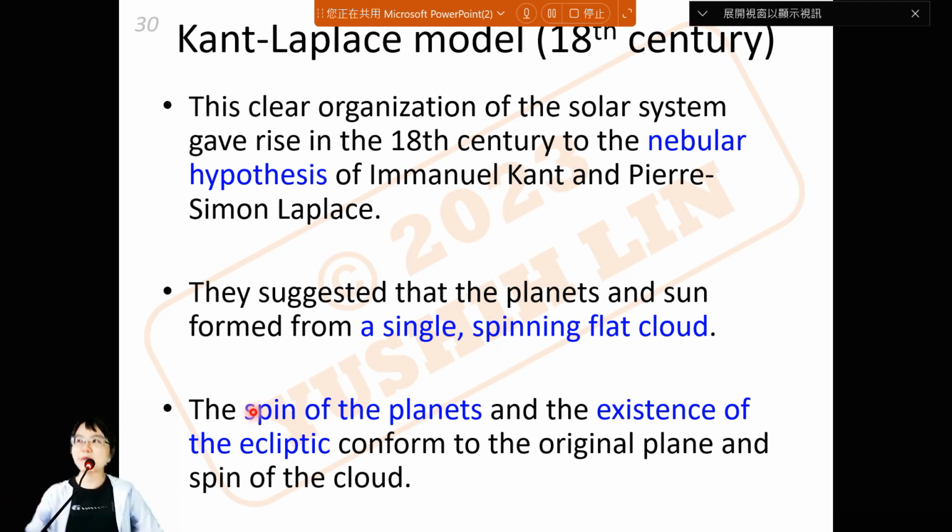The nebula spins and spins and spins. At the end, it becomes the solar system we know today. The spin of the planets and the existence of the ecliptic conform to, meaning agree with or support, the original plan and the spin of the cloud. These two pieces of evidence, the spinning and the existence of the ecliptic, are supporting evidence for the hypothesis.